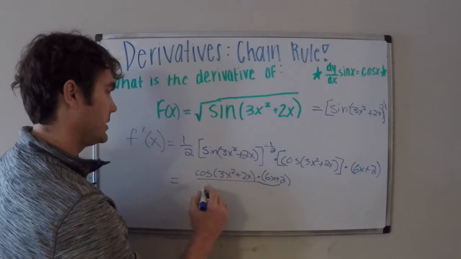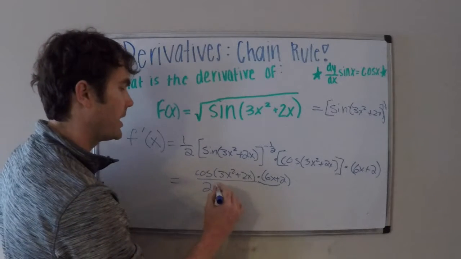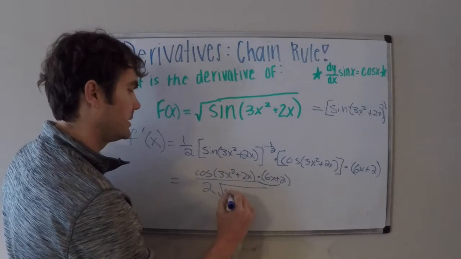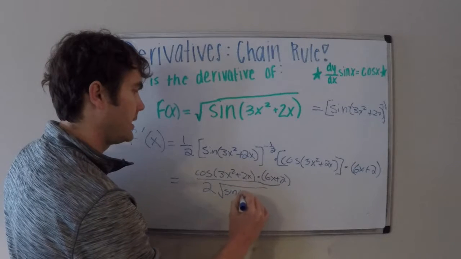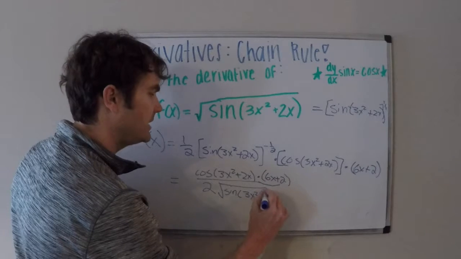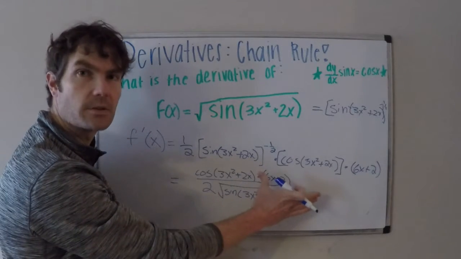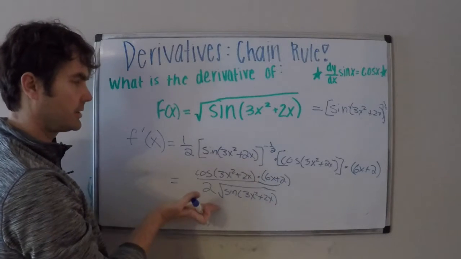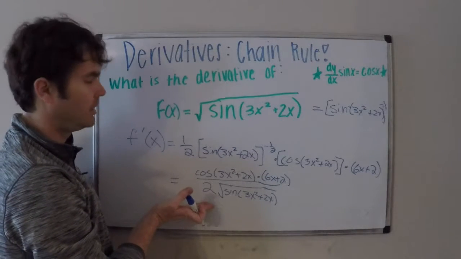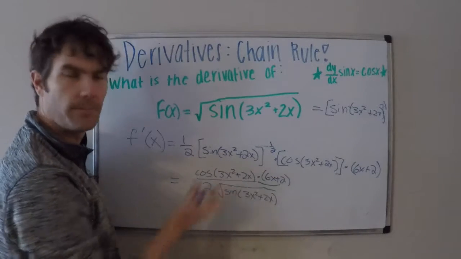And then in the denominator we have 2 times the square root of sine of 3x squared plus 2x. So you may see the answer, if it was multiple choice, in a form like this. There may be some simplification you have to do, but either one of these is a correct answer. Just look for whichever way your teacher prefers it or the test has it.